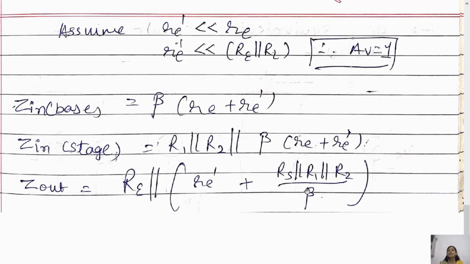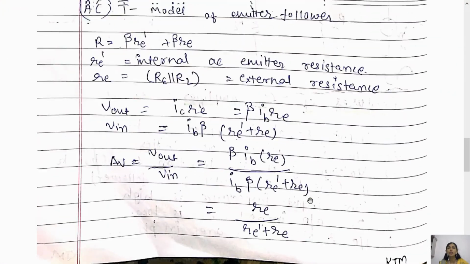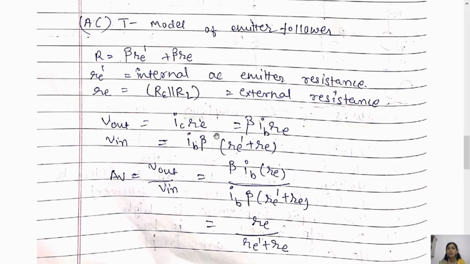This beta is nothing but the current gain. What is the definition of beta? IC upon IB. That's why I have replaced IC equal to beta IB easily. So we have this analysis of voltage gain.